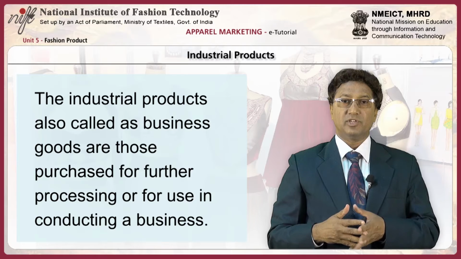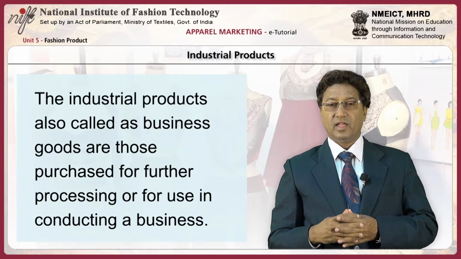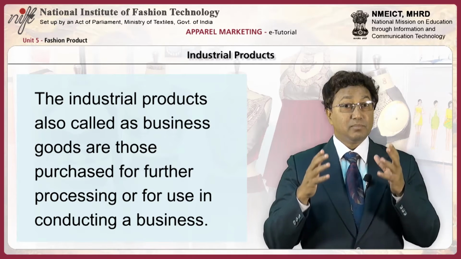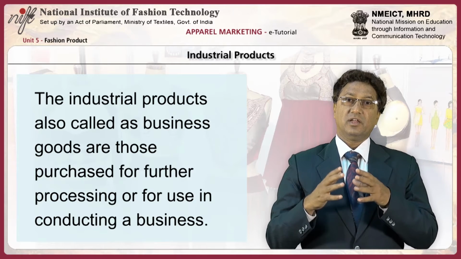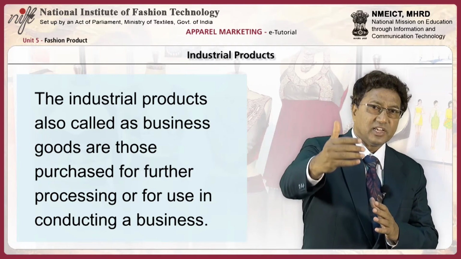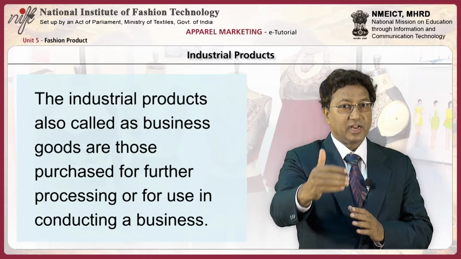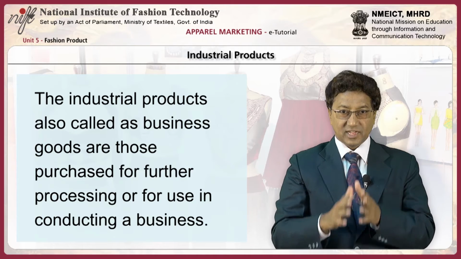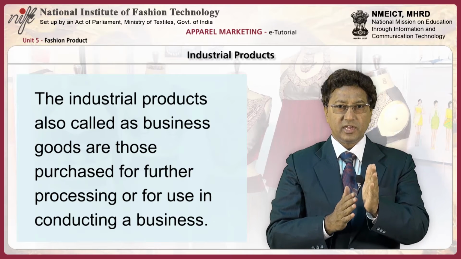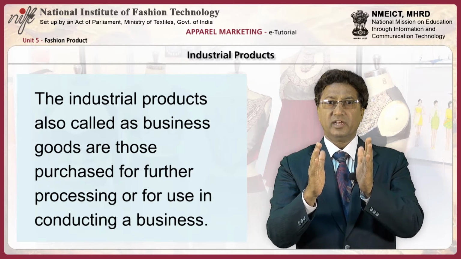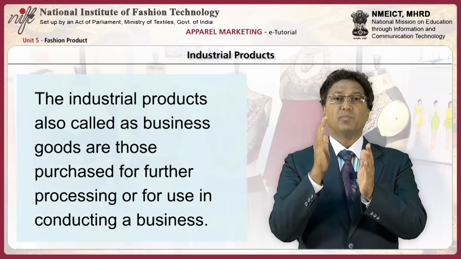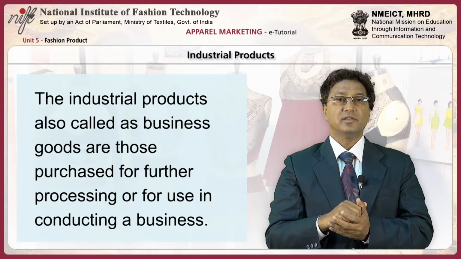Now let's come to industrial products. Industrial products, also called business goods, are those purchased for further processing or for use in conducting a business. Thus, the distinction between the industrial product and the consumer product is based on the purpose for which the product is bought.